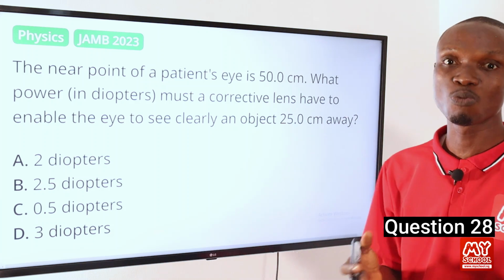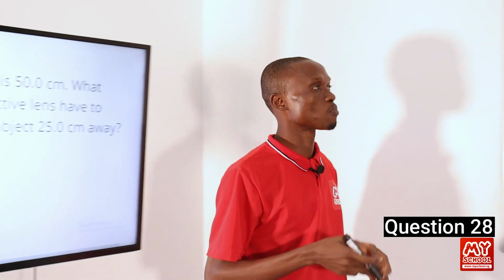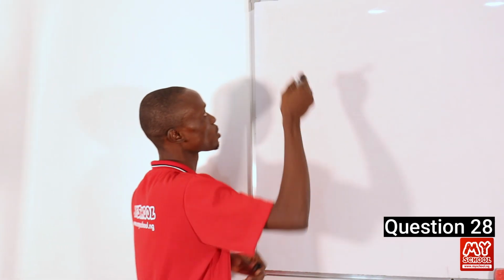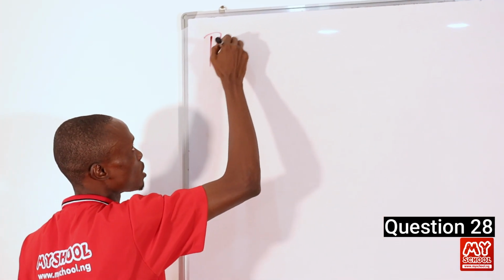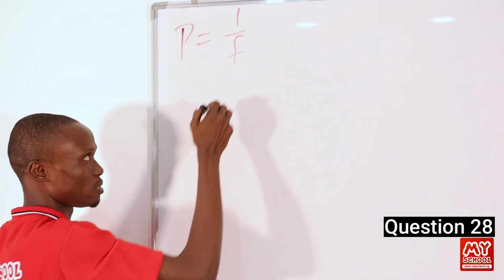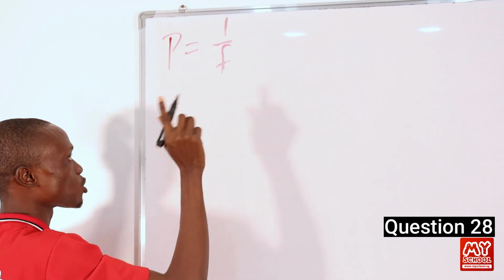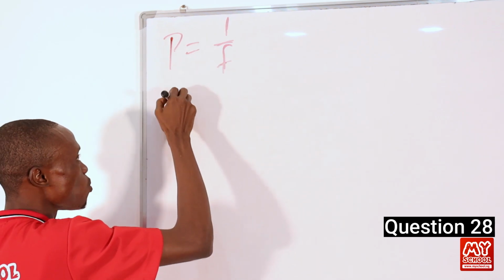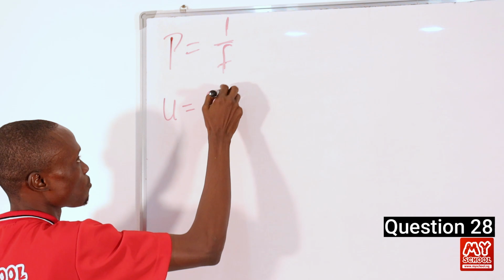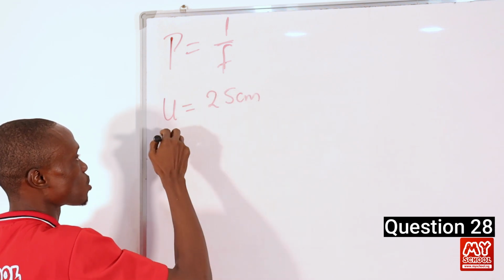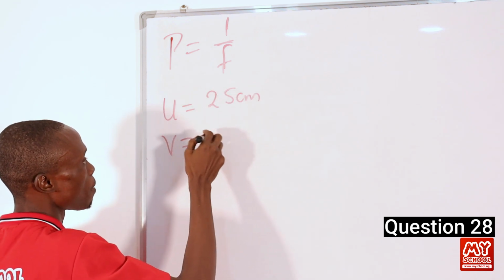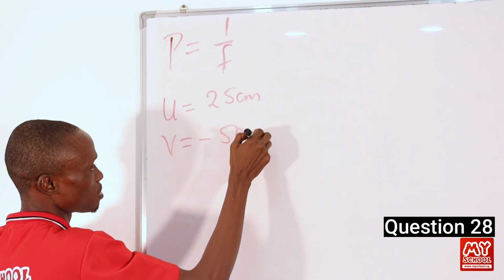Okay, so let's move over to the board to solve that question. So we know that power of lens is given as 1 all over focal length. So from the information that is given to us, we know that u is going to be equal to 25 centimeter, so that our v is going to be minus 50 centimeter.